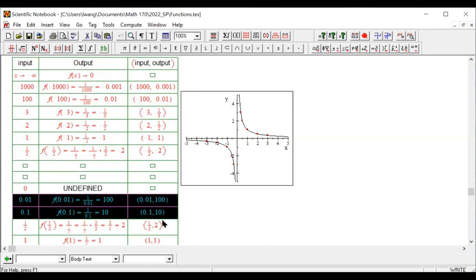So look at these two rows. We are approaching 0. Suppose this is 0.1 and 0.01. The output is 10, 100, getting higher and higher. So this is the reason why I plotted the points this way.